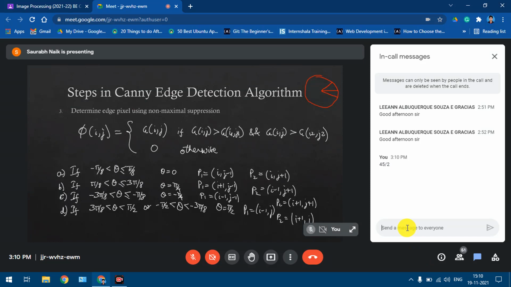So if it lies between plus and minus 45, we just set this entire angle as 0 degrees, theta as 0. That is, we are just discretizing these angles to certain values. And if this angle is 0, then P1 is going to be (i, j minus 1), and P2 is going to be (i, j plus 1).